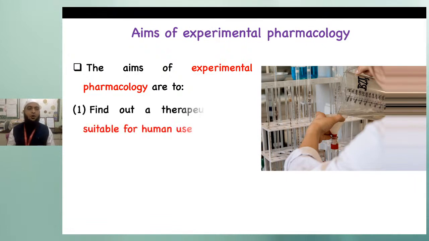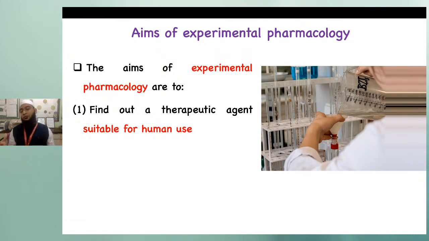The first aim of experimental pharmacology is to find a therapeutic agent which is suitable for human use, because there are n number of medicines, right? And you need to keep searching for new and better therapeutic options. In case of COVID-19, it is the latest.